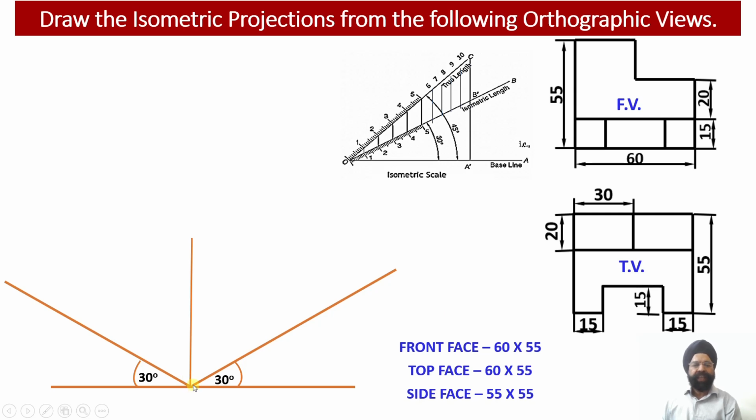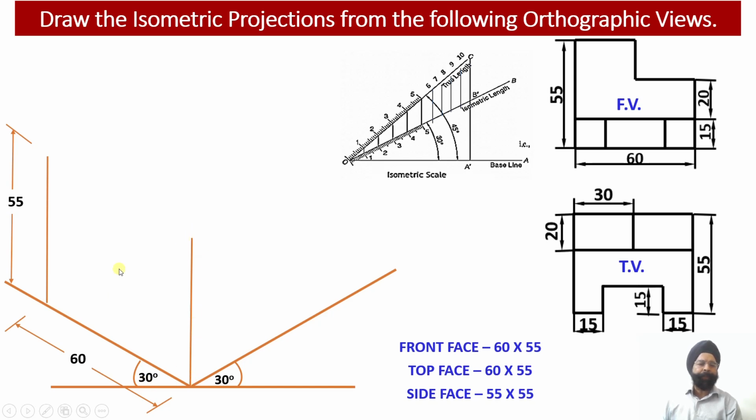Now we know that we are going to draw the front face towards the left hand side. So we are going to mark the length of the solid equal to 60 millimeter along the x-axis. So we have drawn this length equal to 60 millimeter along the x-axis, and the height of the front view face of the solid we have drawn as 55 millimeter.